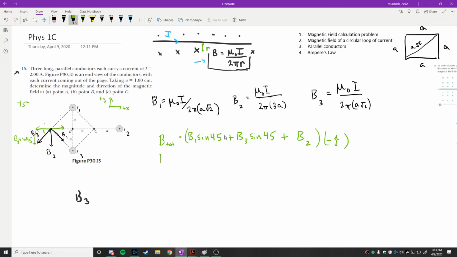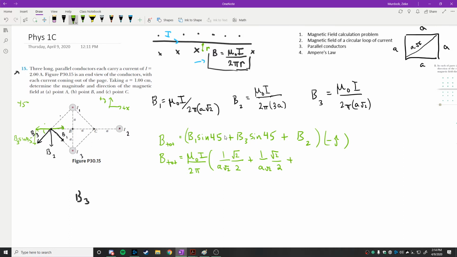So, the answer then, B1, B2, and B3 all share in common this mu naught I divided by 2 pi thing. And the first term would have 1 over root 2 multiplied by sine 45, but sine 45 is the square root of 2 over 2, right? So then plus B3 term has 1 over root 2, and then that's multiplied by root 2 over 2.